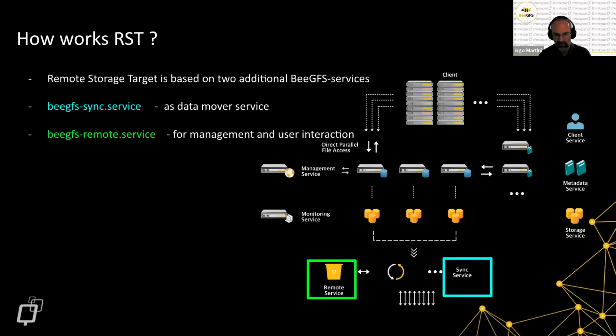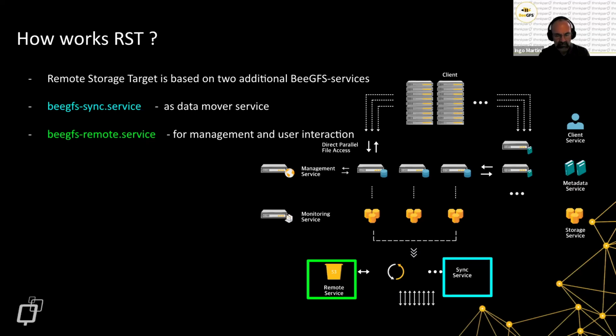How do remote storage targets work? As with everything in BeeGFS, this is two services. One is the BeeGFS sync and the other is the BeeGFS remote, both running in user space on the BeeGFS client. So if I want to do this installation, I need a BeeGFS client that has access to the file system and, on the other side, has IP access to an S3 bucket.